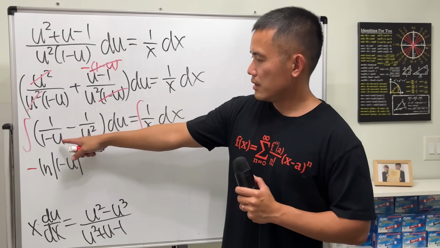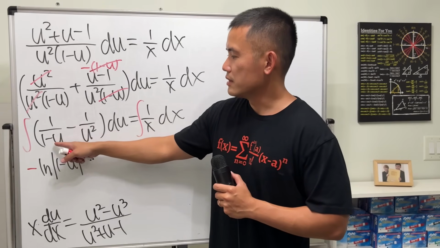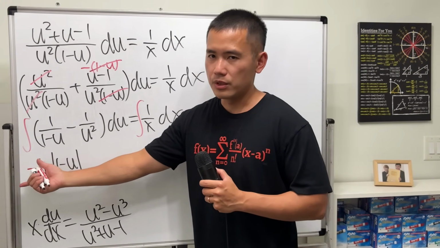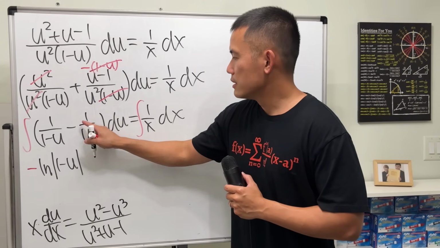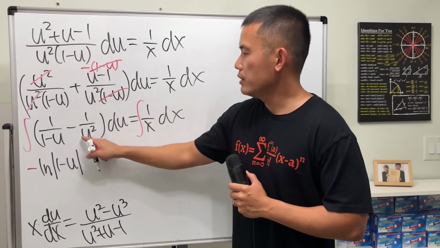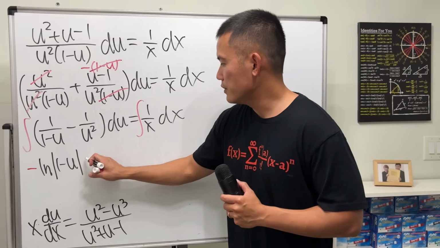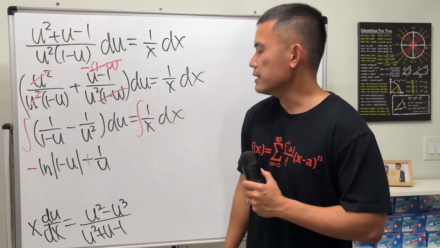Because of the chain rule, if you do a substitution, the derivative of this is negative 1, so you have to divide by that, which is the same as multiply by negative. Just be aware of that. And then minus 1 over u squared, if you integrate that, you get negative 1 over u. With this negative, you get positive. So that's the integral for that.